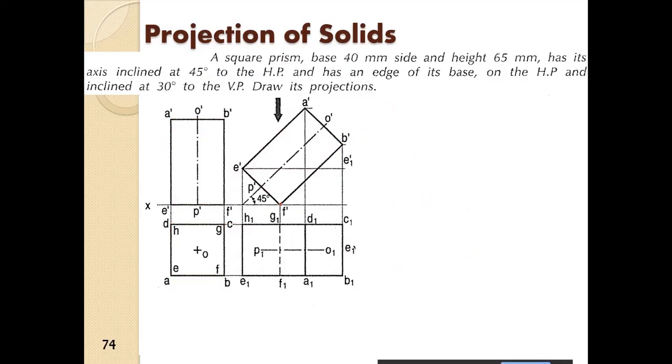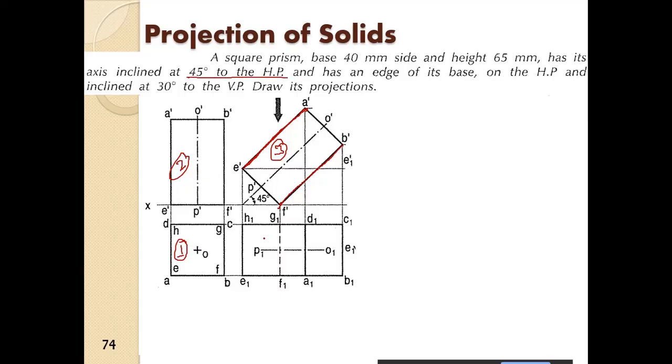So this edge over here will be hidden, all right, and all of the edges will be hidden behind the upper edges here. So this edge will get hidden behind this edge, so we will see only this edge on the top. So this is the top view. So step 1, step 2, step 3, the axis is rotated at 45 degrees to the HP.